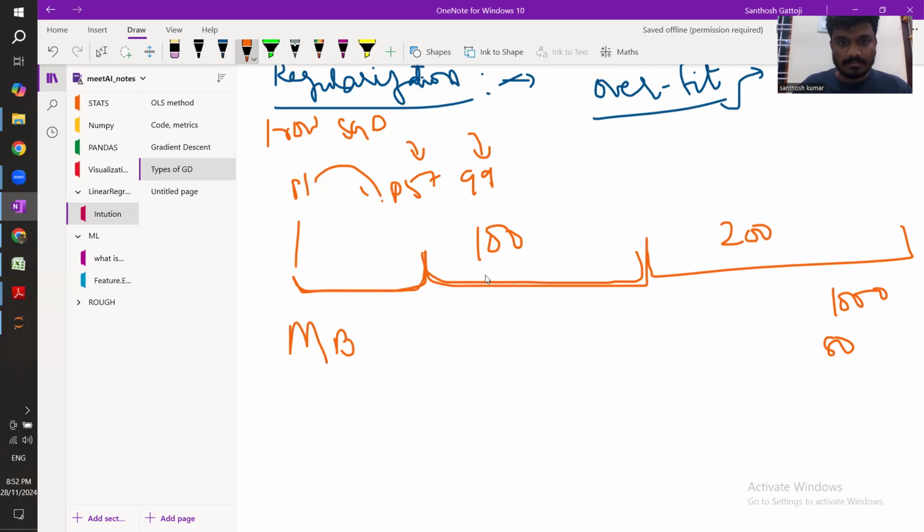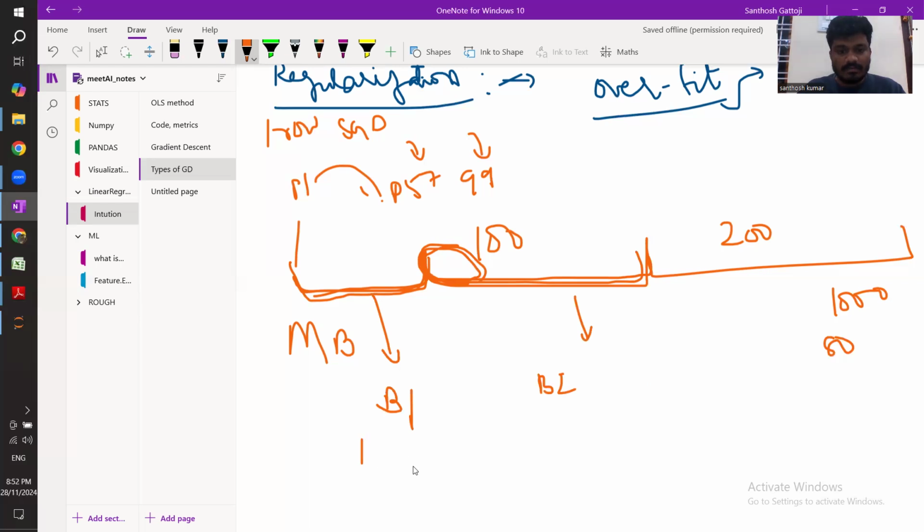Although there is some overlapping, if you look at 80 to 160, the 80 to 100 records are similar to batch 1, but that is okay because the remaining 60 records are from another part.